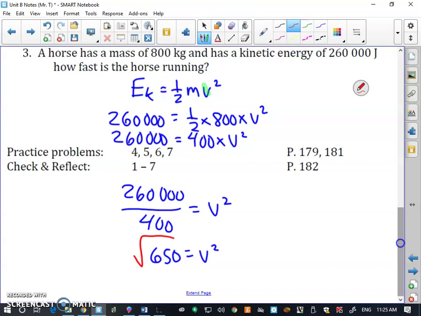So we square root both sides. And the square root of 650, 25.49. Now if we take a look at the sig digs that are given up top, 3 sig digs, 6 sig digs, and so we want to round it to 3 significant digits. And so I'm going to have 25.5 meters per second.